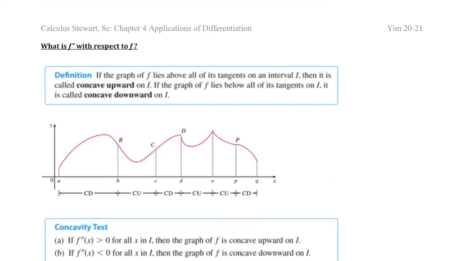And then if the graph of f falls below the tangent on its interval, it's called concave down, right? So if I drew it over here, all these points are below that. So it's concave down. Yeah, I mean, that's a good way of thinking about that. So instead of a straight line, it curves downward from the tangent. Or if it curves up from the tangent, that's concavity up.